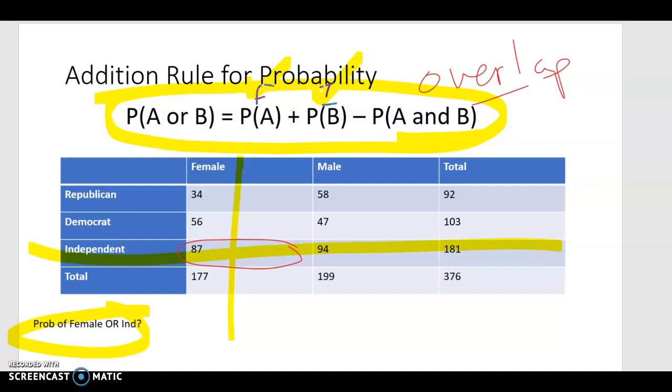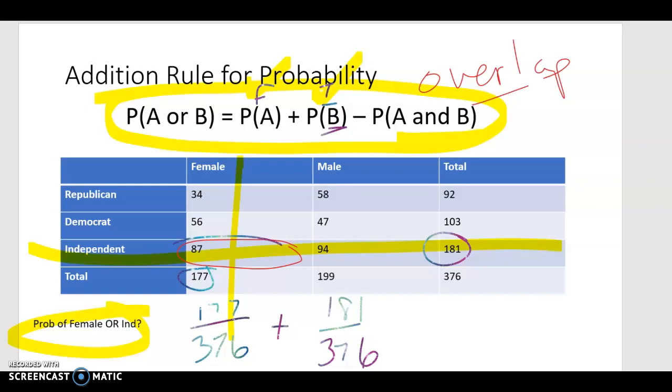The probability of being female is 177 out of the total 376. I'm going to add the probability of independent, which is 181 over 376. But the problem is I've counted this 87 twice. I counted it in the female line, and I've counted it in the independent line.